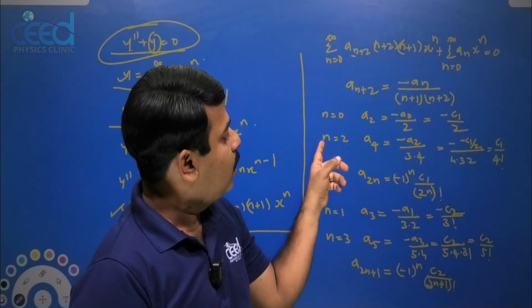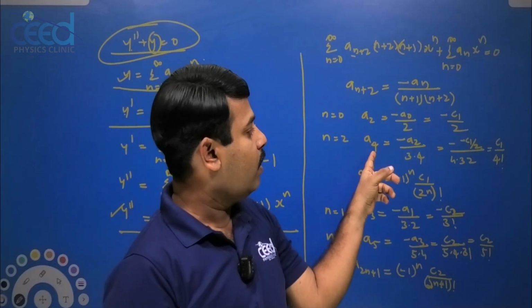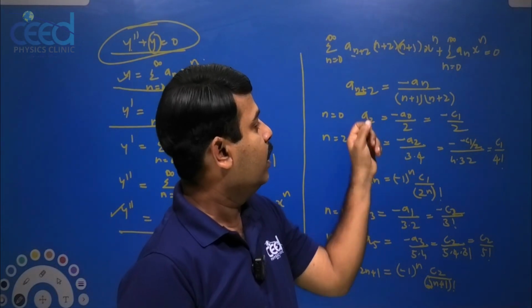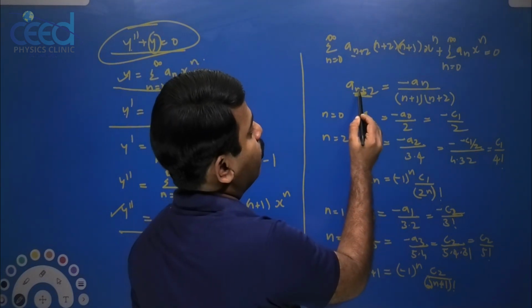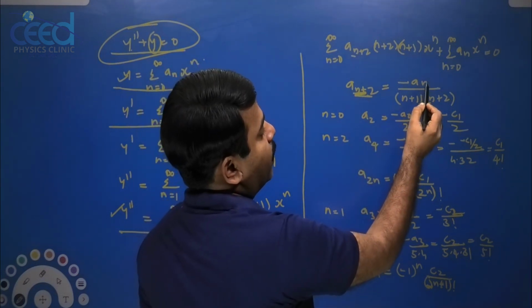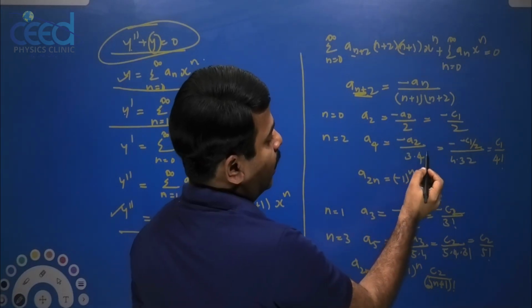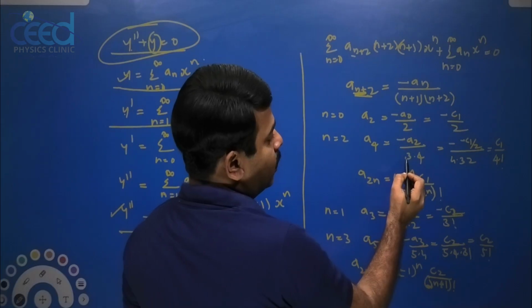Now put n equal to 2, then you get a4. Put n equal to 2 here, 2 plus 2 is 4, then minus a2 divided by 2 plus 1 into 2 plus 2, that is 3 into 4. Then minus a2 by 3 into 4.